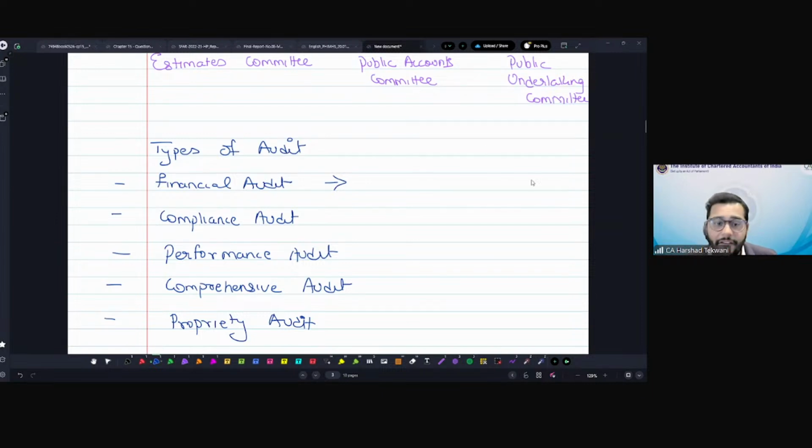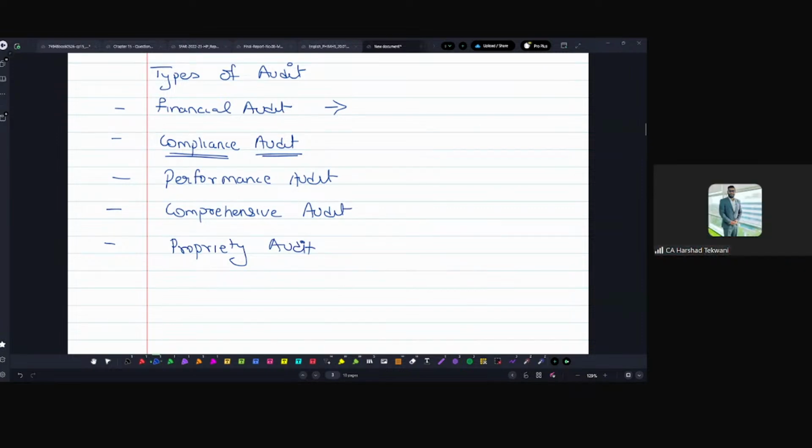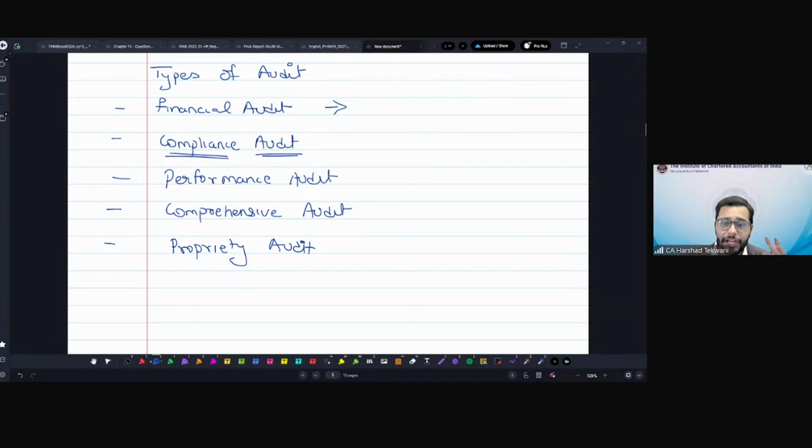Now coming to the first type of audit, the compliance audit. Can anyone tell me what is in compliance audit? I'll discuss, no doubt, but what is the first thing that comes to your mind when you hear compliance audit? Anyone?